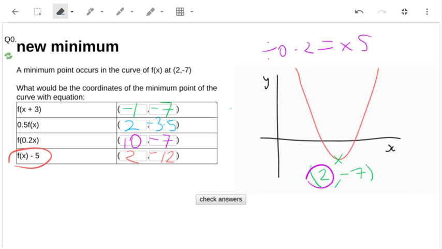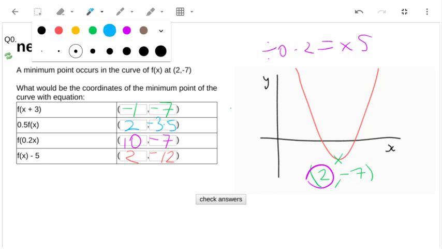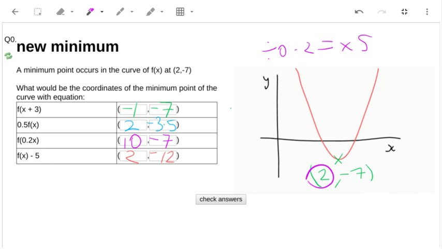Now, you can check if this works. You can check, firstly, that the number you put in will always give you a 2. So what do I mean by that? Well, putting minus 1 into there, I should get minus 1 plus 3, which is 2.